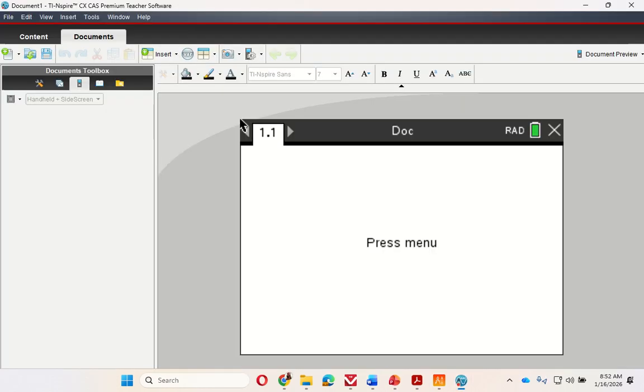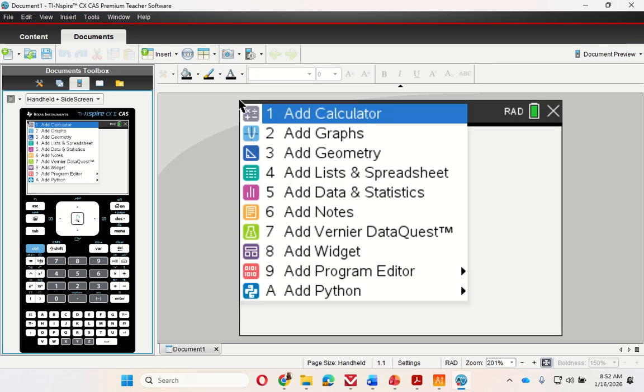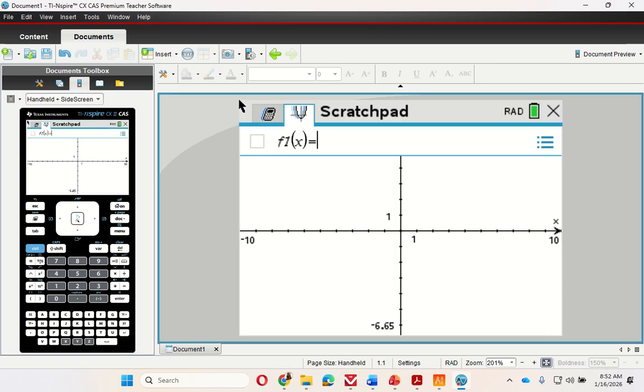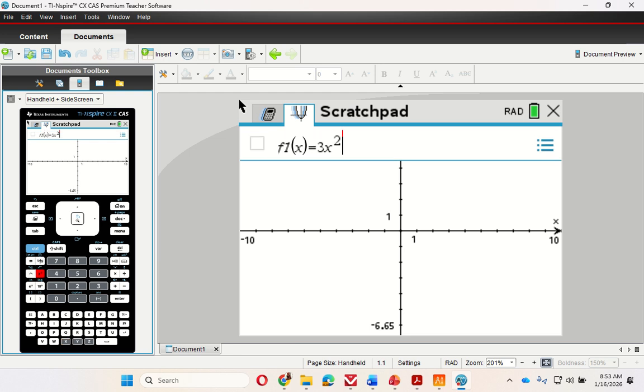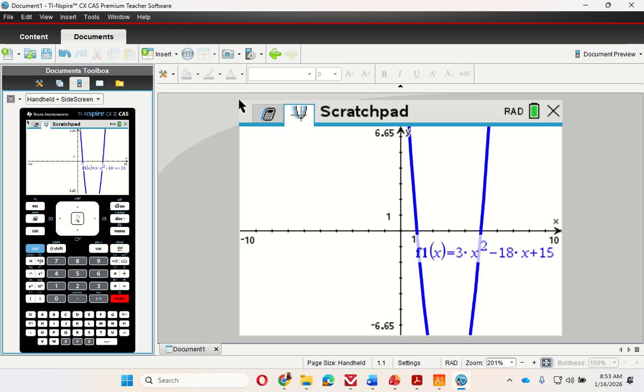I'll show you. So this time we are graphing the derivative, which was 3t squared minus 18t plus 15.